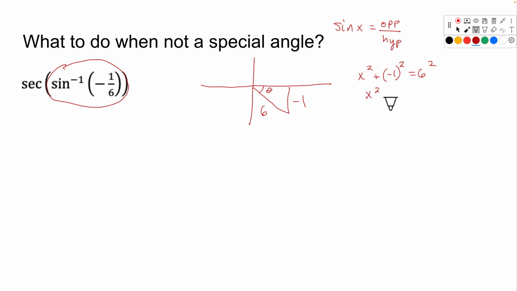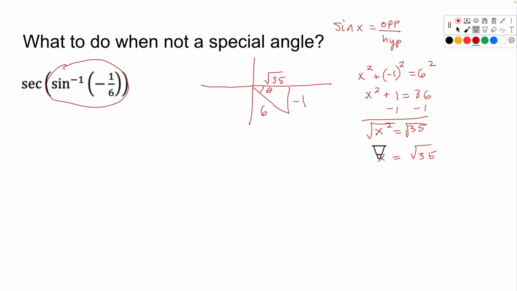So x squared plus 1 equals 36. Subtract 1. X squared equals 35. Square root of both sides. X is equal to the square root of 35. That's our adjacent side.